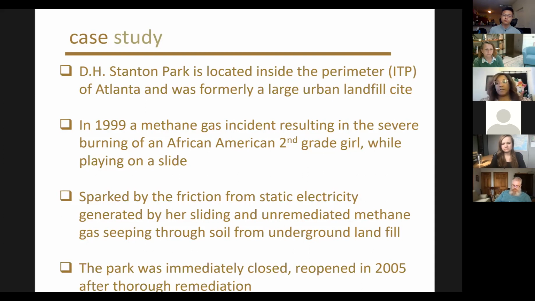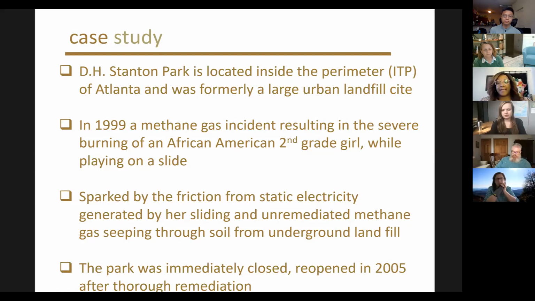The injury was sparked by the friction from the static electricity buildup while she was sliding down the slide and unremediated methane gas seeping through the soil from the underground landfill. The park was immediately closed and full remediation occurred, and the park was reopened in 2005.